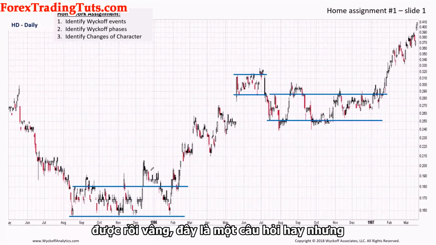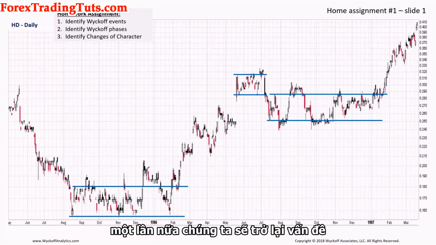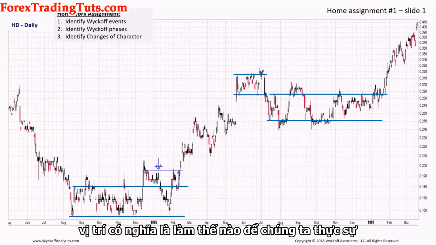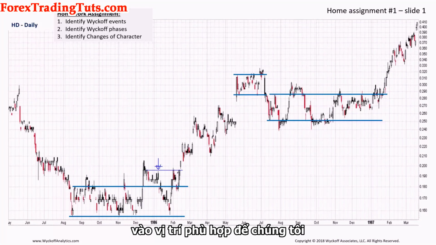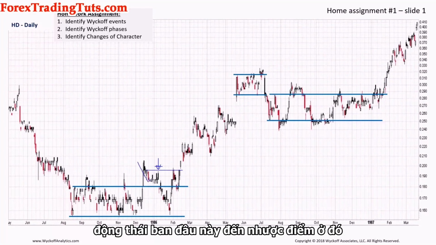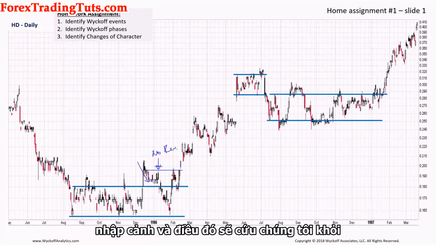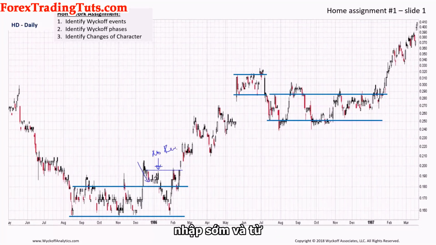Yeah, this is a good question, but again, we're coming back to the point of how do we actually manage the position, meaning how do we actually come into the position, right? So we need to see some kind of reversal of this initial move to the downside. There is no reversal, so there is no entry, and that would save us from entering prematurely and from exposing ourselves to the remainder of this reaction.